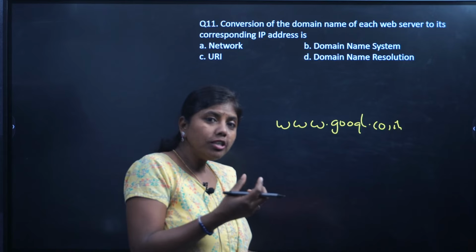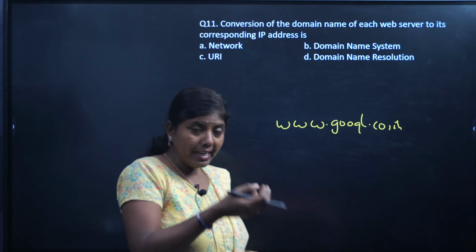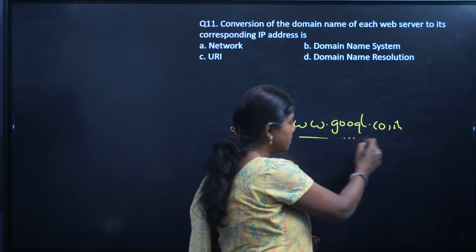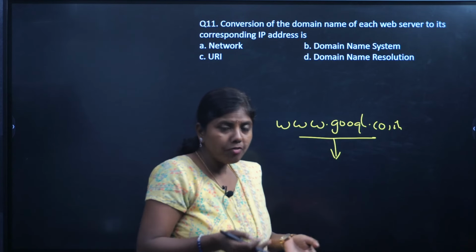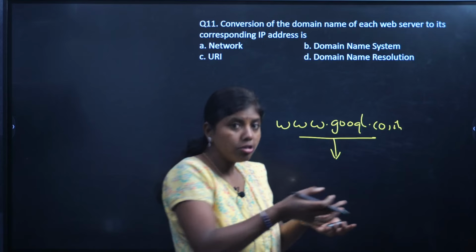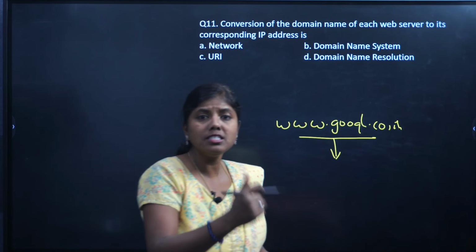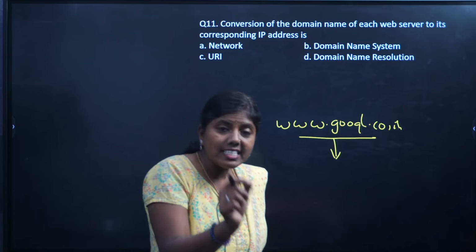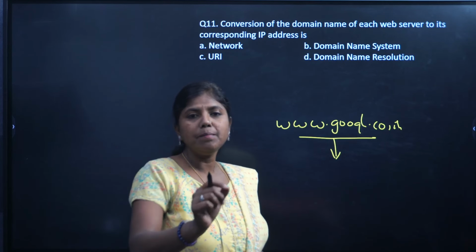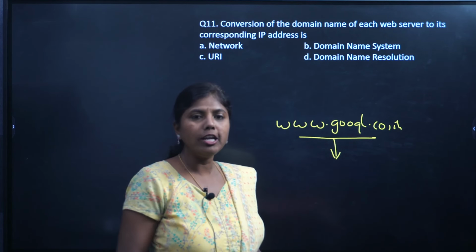Using this domain name, ultimately, this is going to be a website. A website is basically a collection of web pages, which you have to store in a particular system. That system will have an IP address, the internet protocol address.